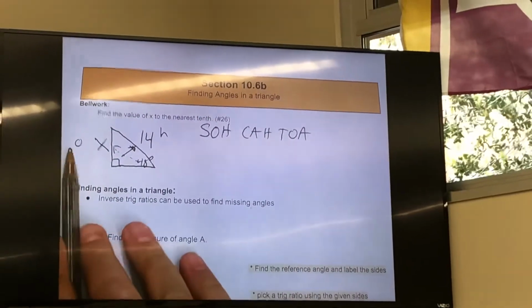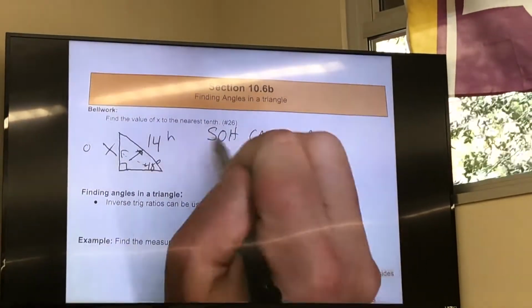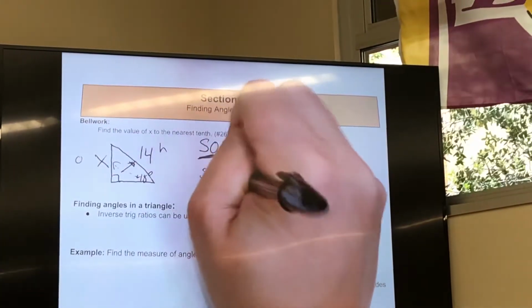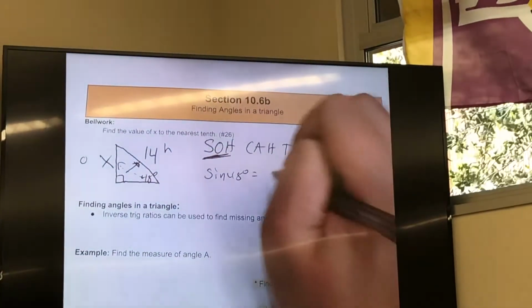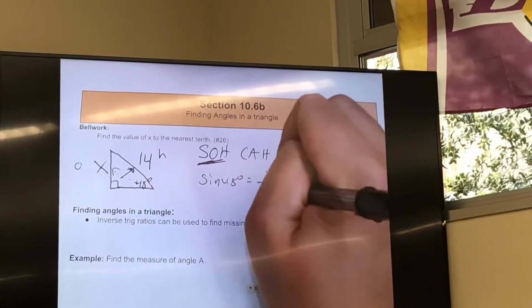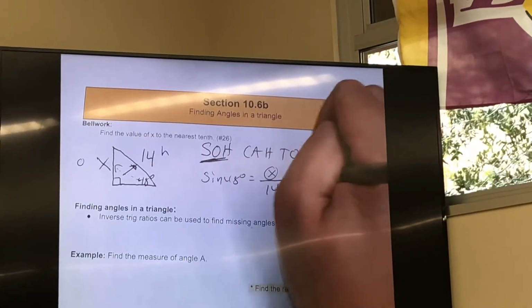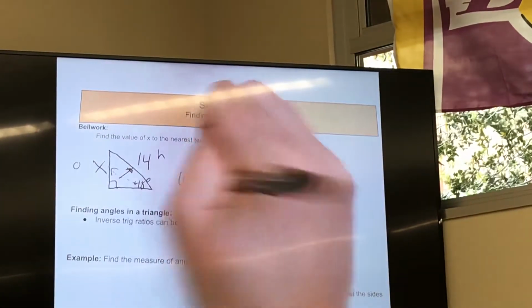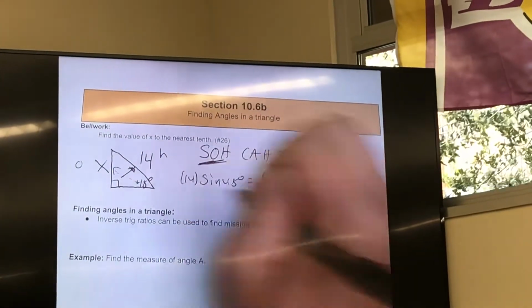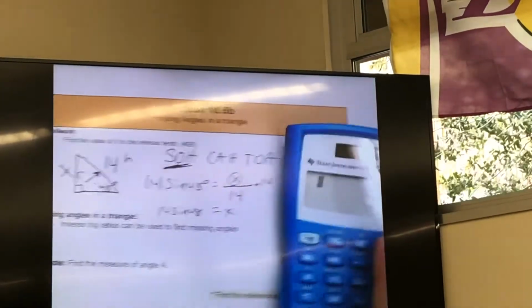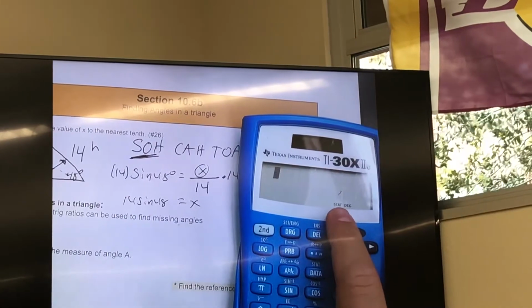Since we're dealing with opposite and hypotenuse, we are looking at our sine function. So we're going to take the sine of 48 degrees is equal to x over 14. We're trying to get x by itself, so we multiply both sides by 14. Then we use our calculator, making sure it's on degree.